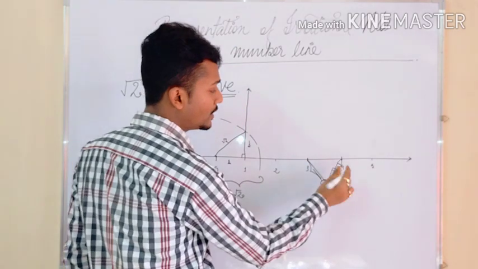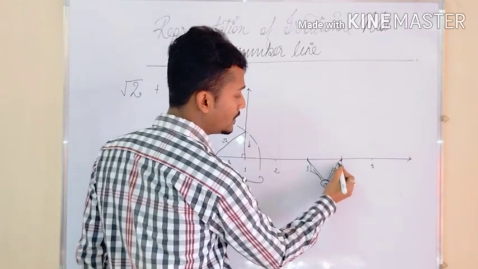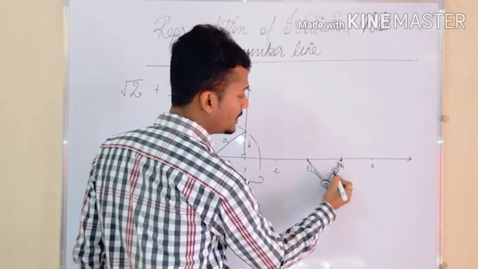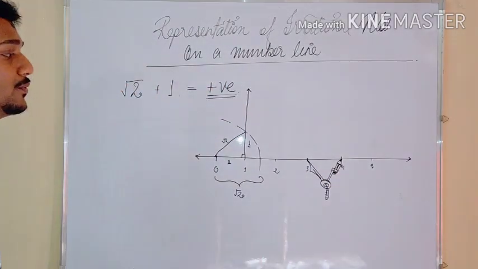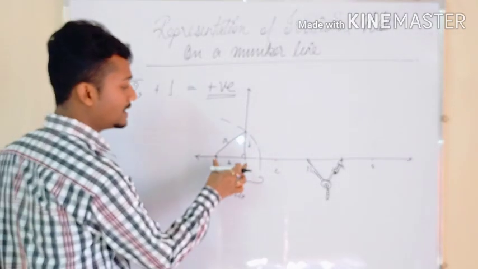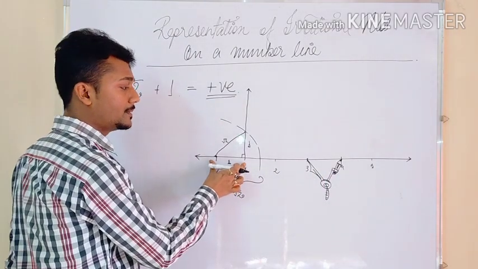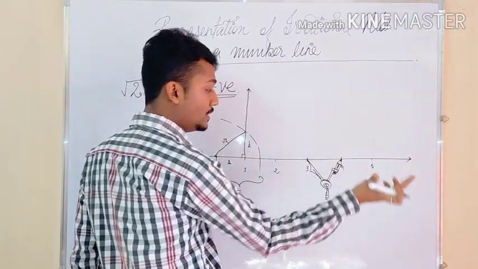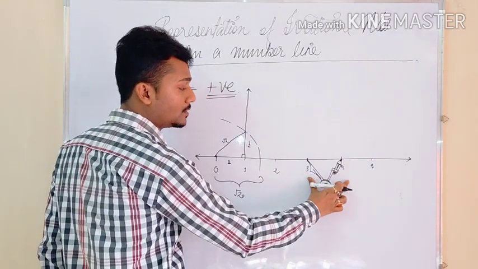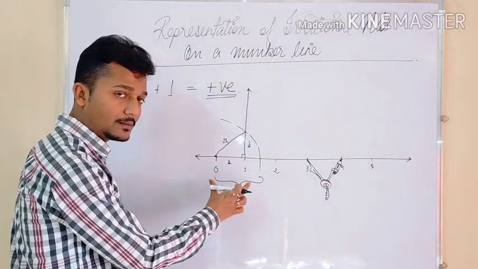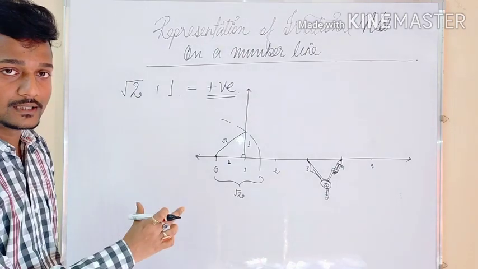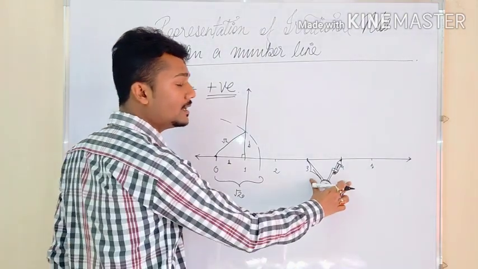That means 3 to 4 is equal to 1 unit. You can take the same measurement here also, there is no such problem. But since I am showing you with the help of a diagram, if I draw it here it will become more clumsy for you to understand. That's why I have taken it here.